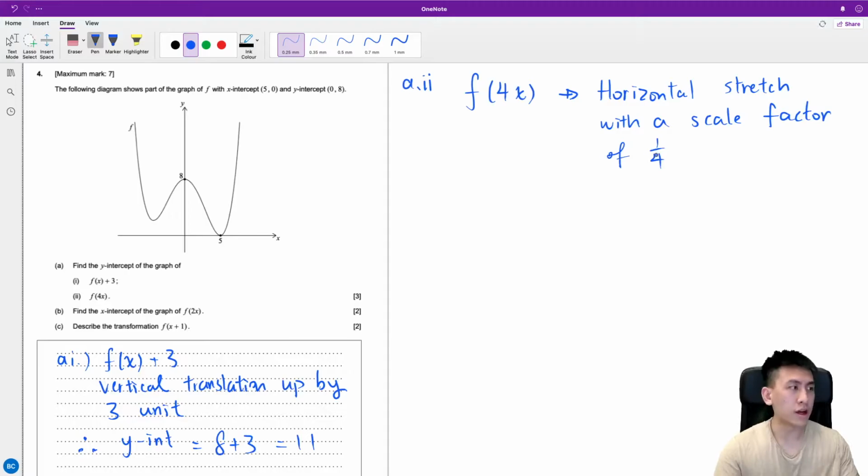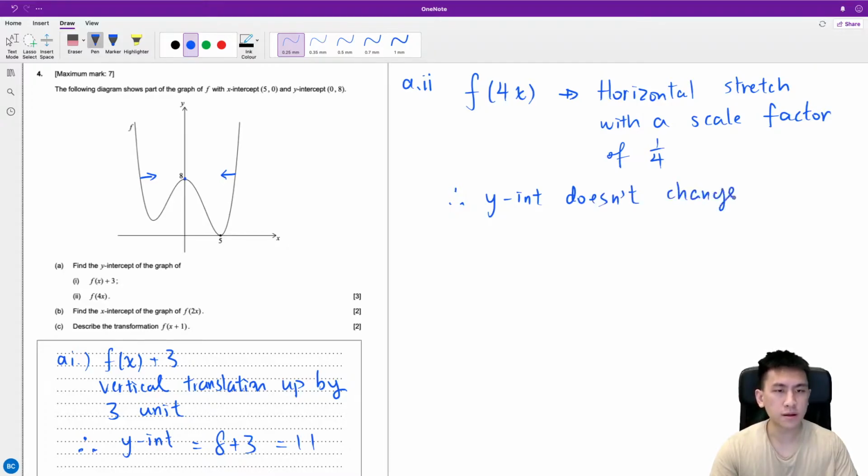I mean, you can also think of that in terms of a compression, because a stretch with a scale factor of a quarter is simply like squeezing it, really. But it's the same way. You can just write like this. And then if you think about it, if I simply just squeeze the graph, it shouldn't matter. Like the middle point here doesn't matter. It does not matter. So therefore, y-intercept does not change. Doesn't change. And therefore equals just 8 again.